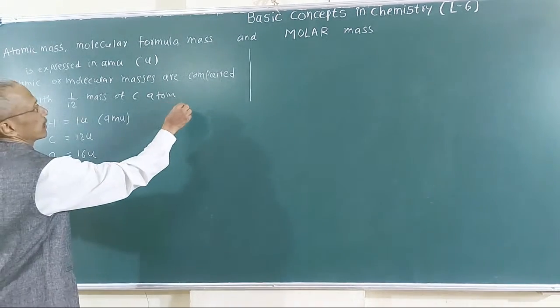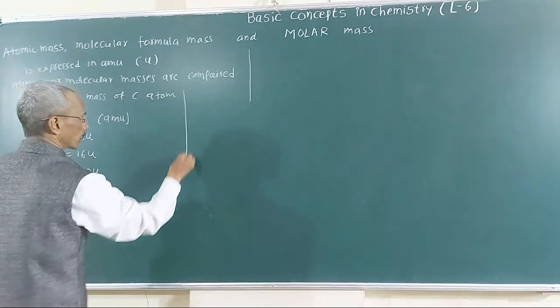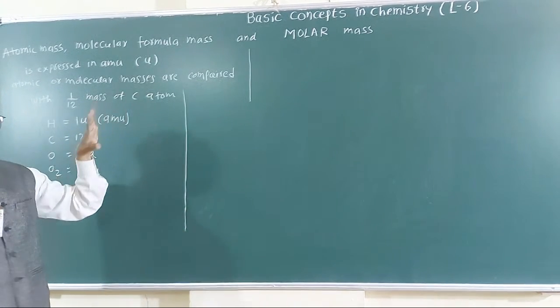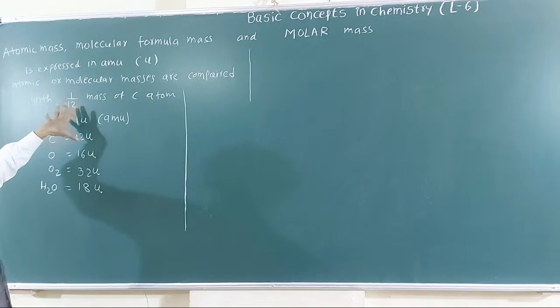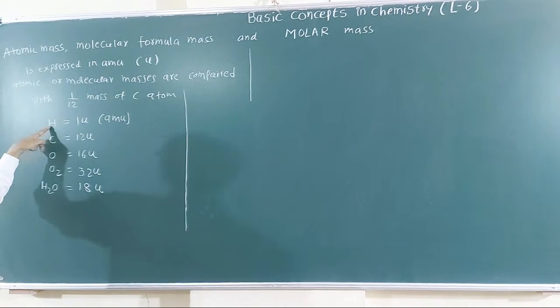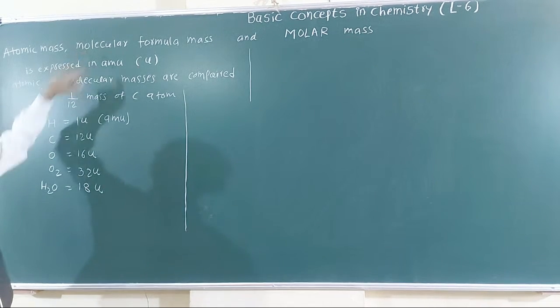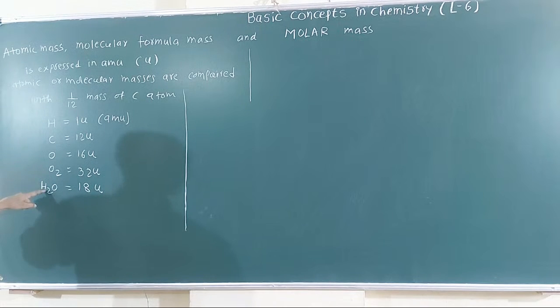Now, how does it differ from the molar mass? Hydrogen, carbon and oxygen are atoms, while these others are molecules. So these are the formulas of the molecules. O2 is the formula, H2 is the formula.